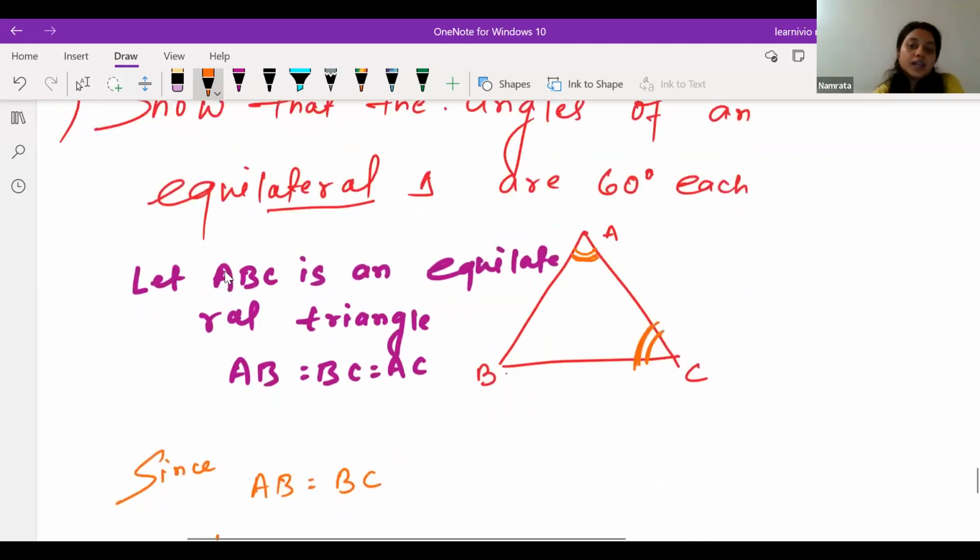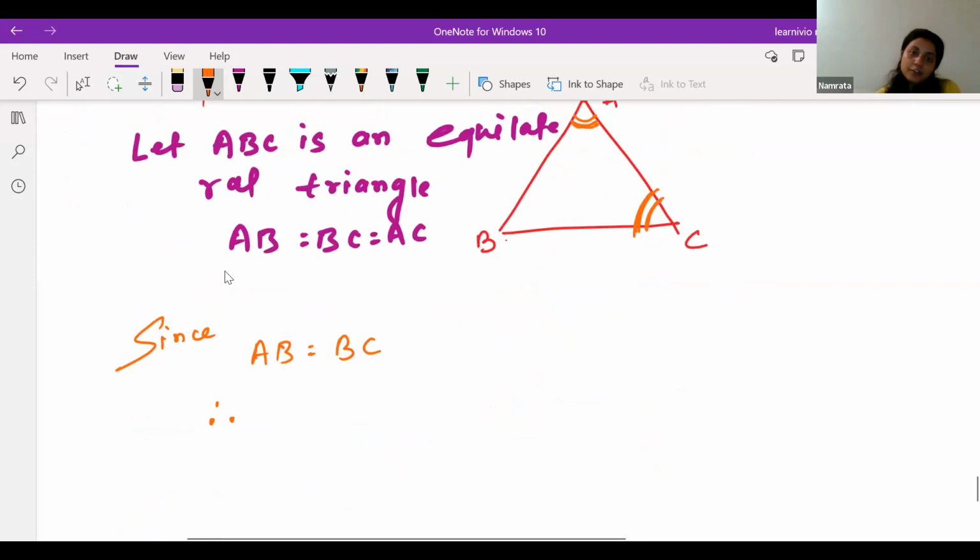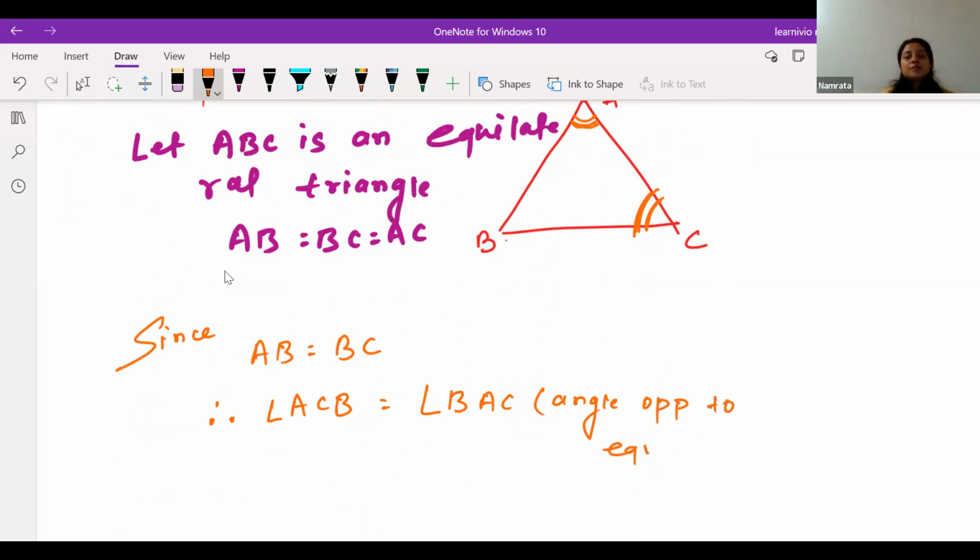So I want to write, therefore, angle ACB is equal to angle BAC. Why? Because now only in this chapter we have learned that angles opposite to equal sides are also equal.